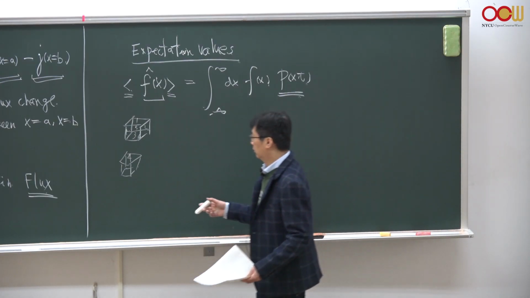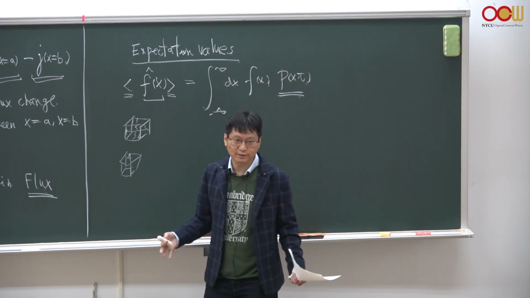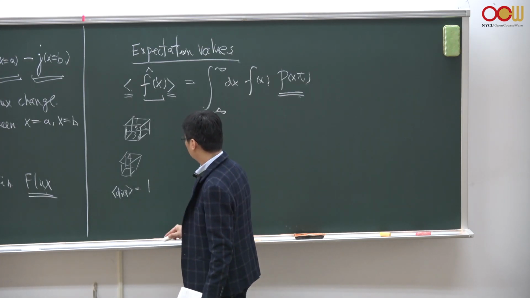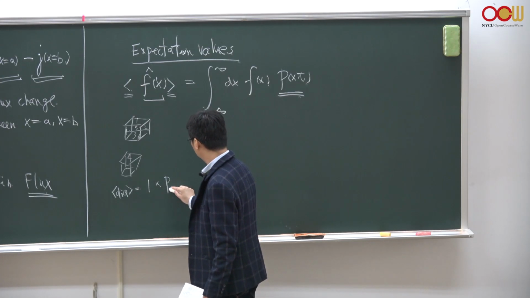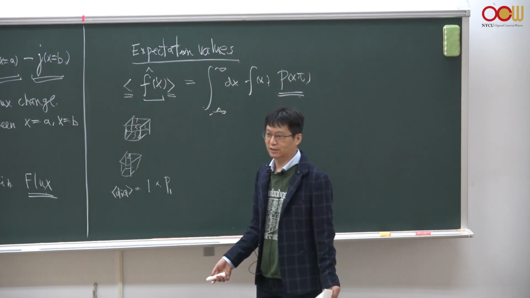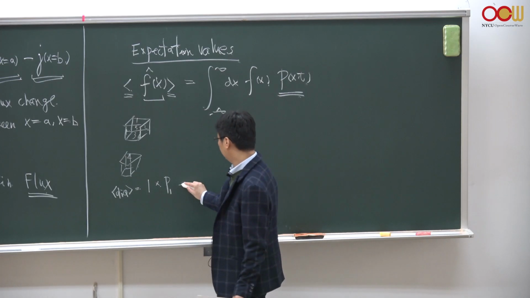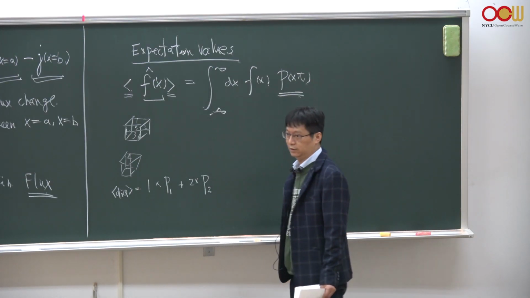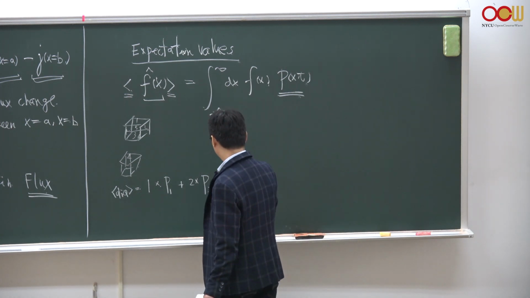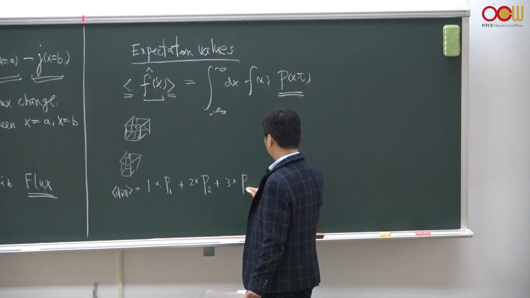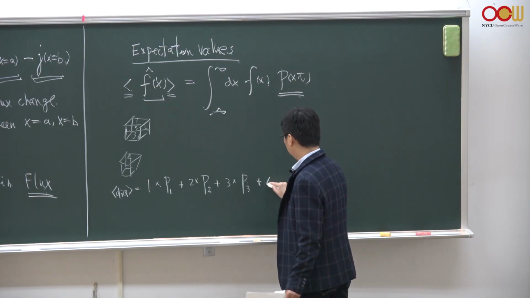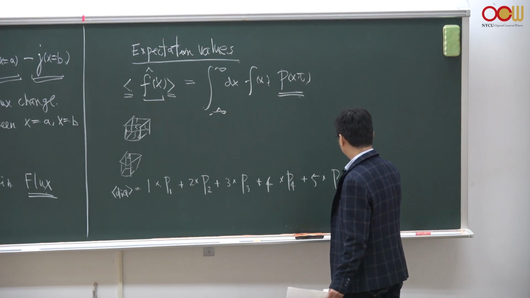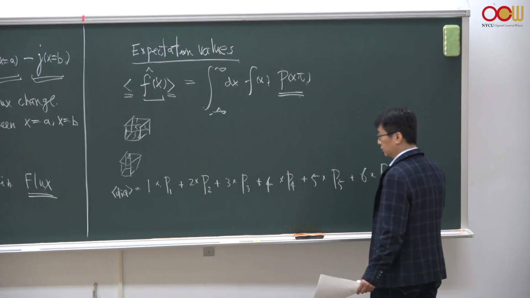And of course the expectation value in your high school mathematics tells you that you should do it this way, right? You should multiply the number 1 by the probability that you find the dice at number 1, plus 2 times the probability that the dice shows up at number 2, plus 3 times the probability for 3, and 4 times the probability for 4, and 5 times the probability at 5, and 6 times the probability at 6, right?